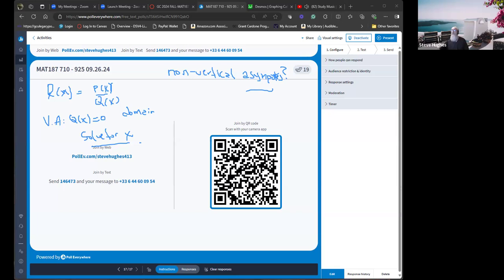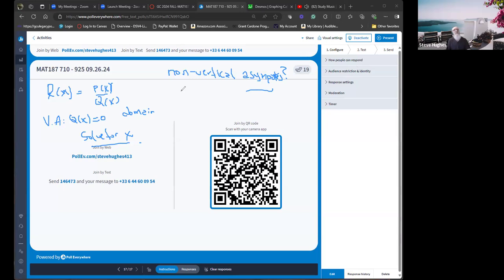All right. So we are looking at the degree of the leading terms of P of X and Q of X. If the degree of the numerator is less than the degree of the denominator, we have a horizontal asymptote of y equals 0.